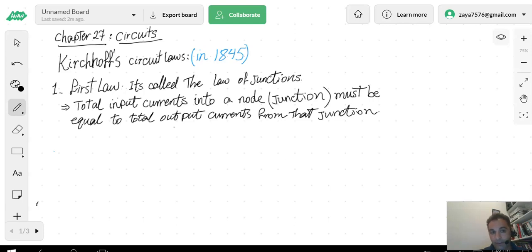Overall, this chapter is very important because it's the foundation of circuits. So whatever you learn in this chapter, you will use it in all upper division classes in university. So it is important.